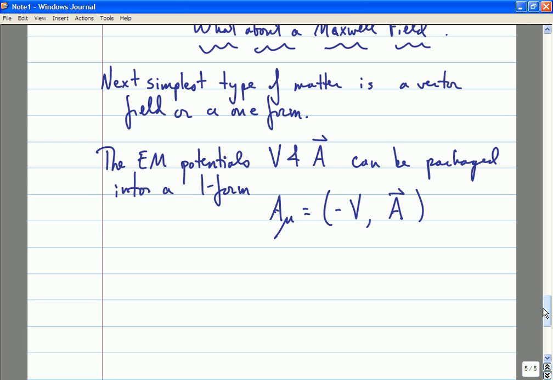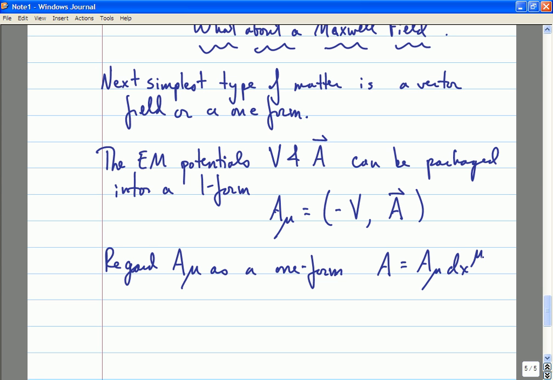So what we want to do is regard this as a one form, and we will often use the slick notation for one forms where we write them in a coordinate independent way as A being A mu contracted with our basis of one forms dx mu. Okay. If I have a one form, then I can take its exterior derivative to get a two form.